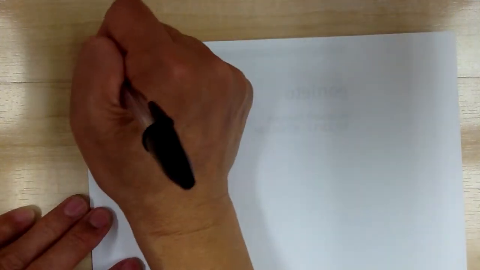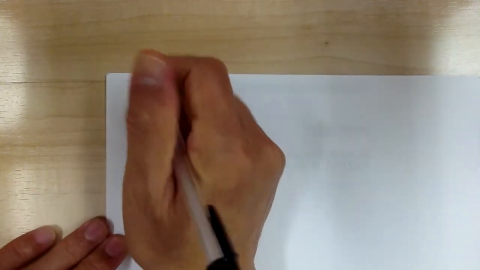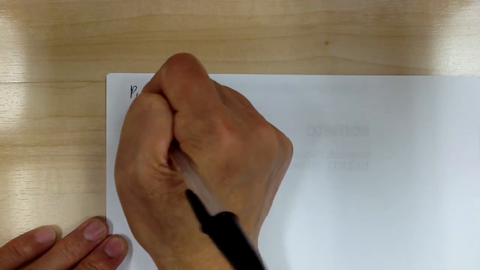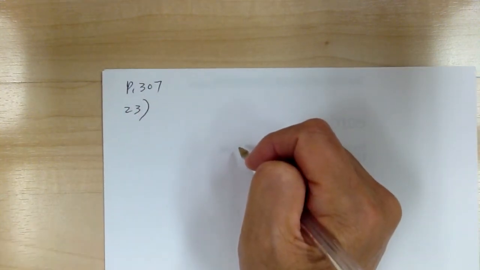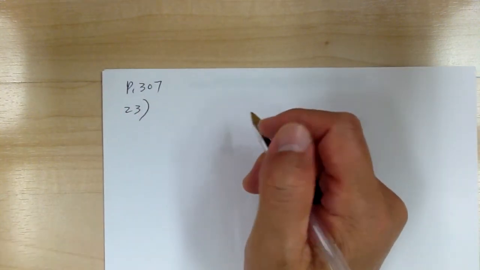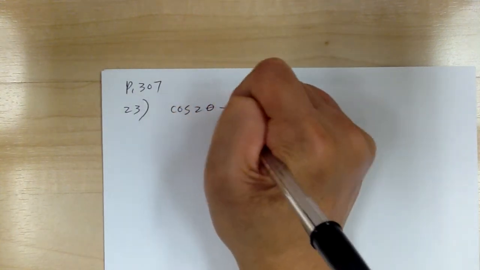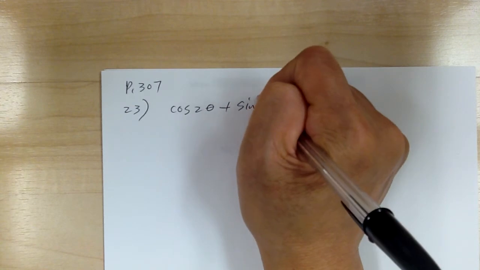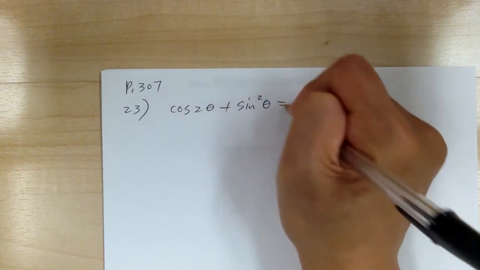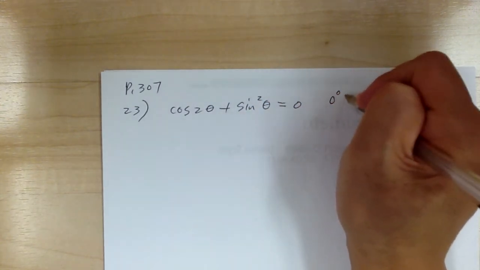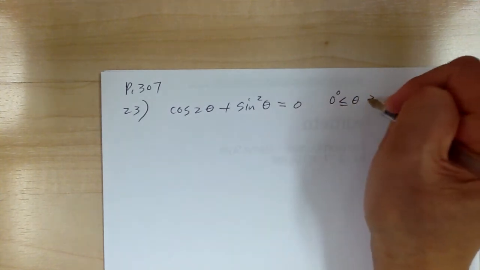Okay, let's go to 23. You have cosine 2 theta plus sine square theta equal to 0, and you want it between 0 and 360.